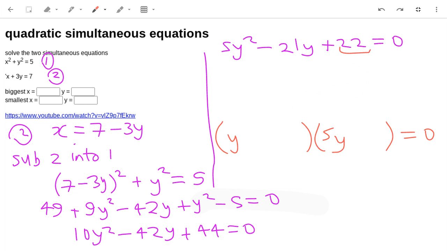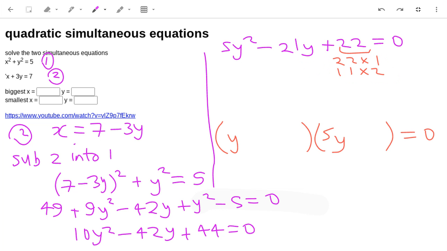So what I'm going to do is list all the multiples of 22. Now, it has to be possible to add these numbers to make 21.